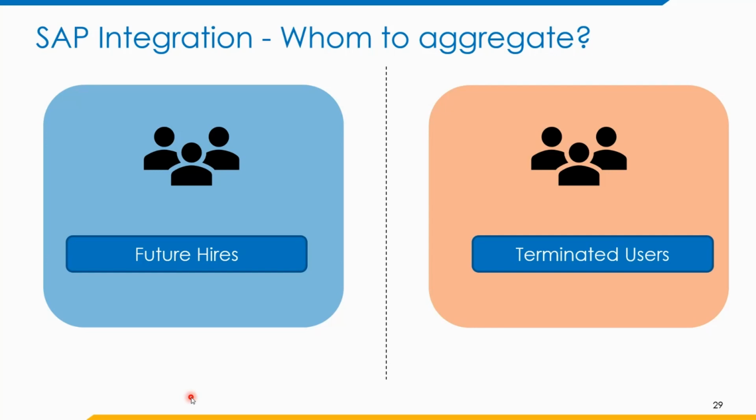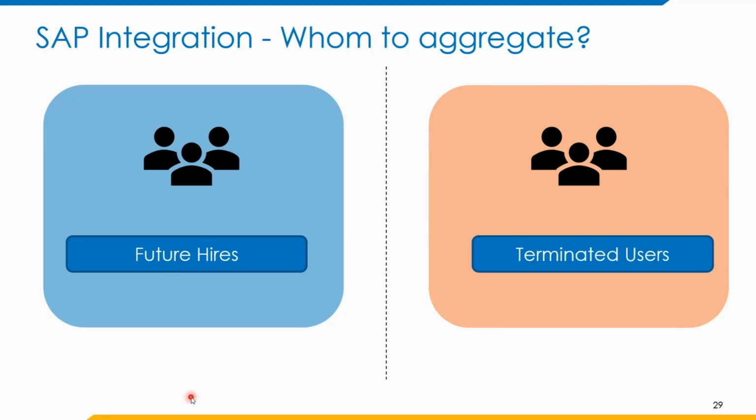So we have a field that needs to be filled, where we can specify integer values. So if we specify 0 in that future dated hire offset, the future hires will not be aggregated to IdentityNow.